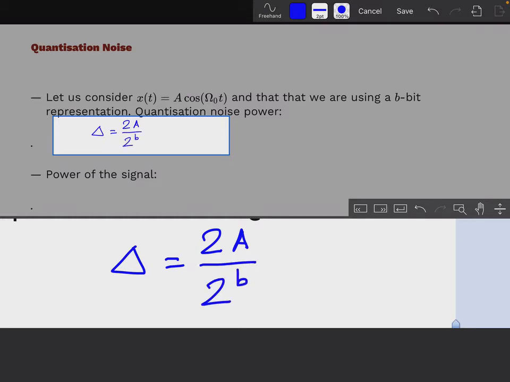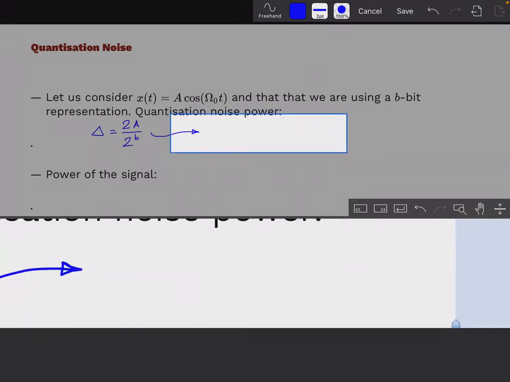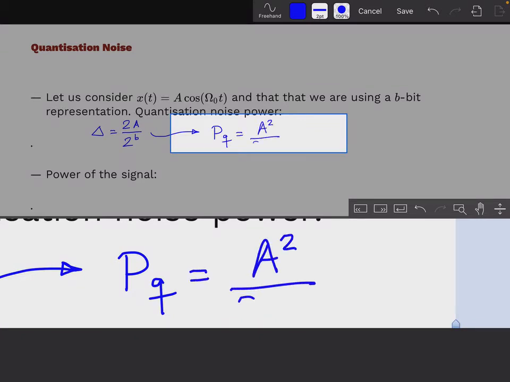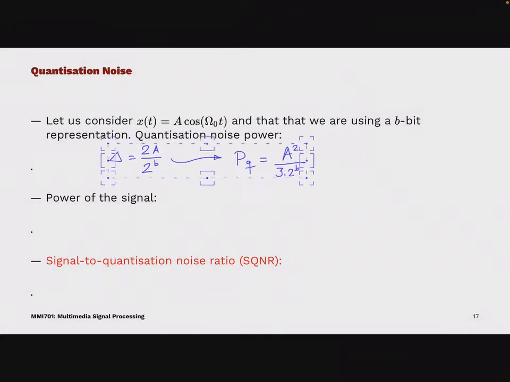We are using b bits, which means our quantization step size is 2a, the dynamic range, over 2 to the power b. We have so many numbers. If you use this in the star result from the previous slide, we end up with quantization error power as a squared over 3 times 2 to the power 2b. So this is the quantization error power, which we're going to use in a moment.